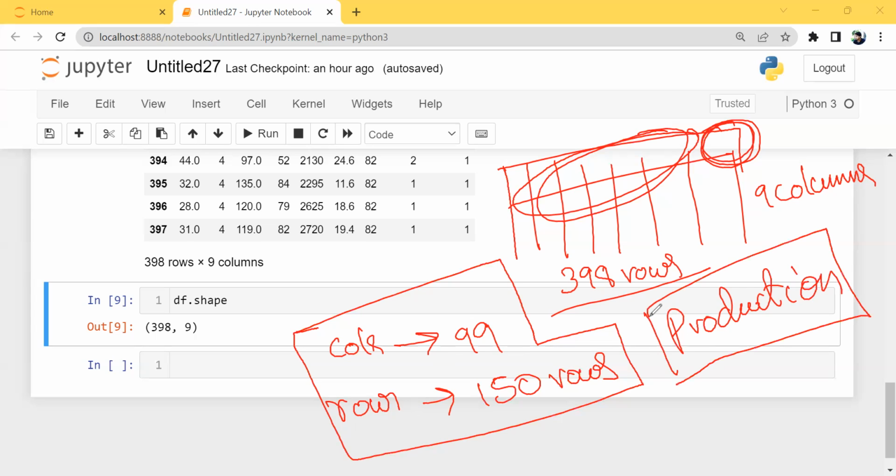Because it can't explain the relationship between the independent variables and the dependent variable. So we need to check whether our data has enough data points to explain the relation between the 8 independent variables and 1 dependent variable or not. Now I'm going to clear everything.